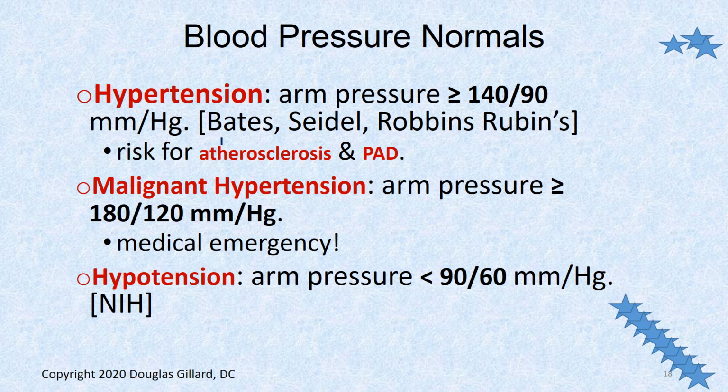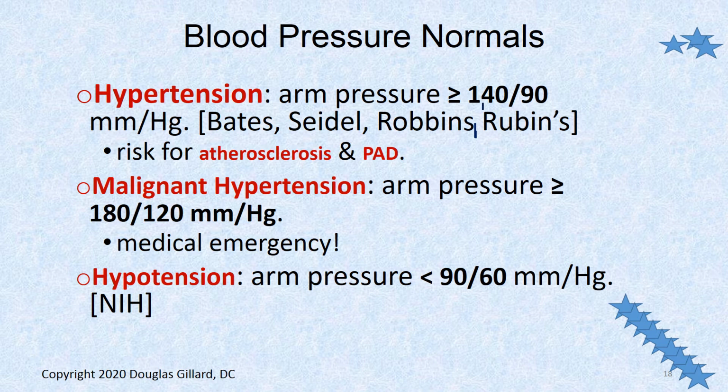Hypertension is, now I know they make you memorize all those numbers, but for boards, for Bates, Seidel, and Robbins and Rubens, the blood pressure numbers are the same as they've always been. They haven't changed them yet. So hypertension is anything greater than 140 systolic or 90 diastolic or greater. So if the patient has a blood pressure of 120 over 90, they have hypertension.